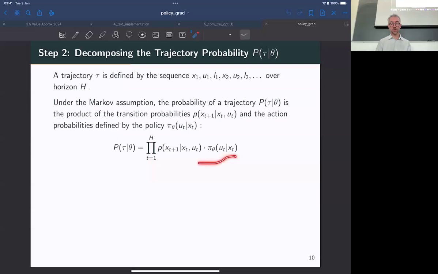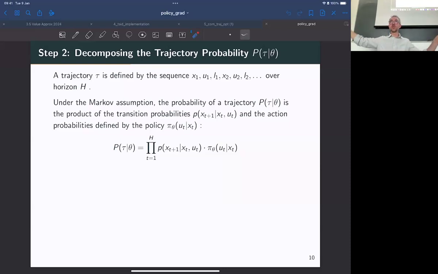This is a way to decompose the probability of the whole trajectory as a product of probabilities of single transitions from time t to time t+1, and also probabilities of taking the specific action that was chosen during that episode while being at that specific state.